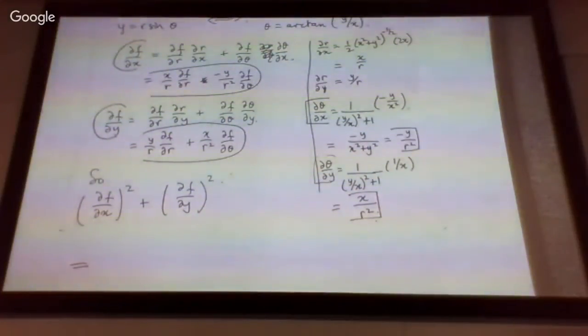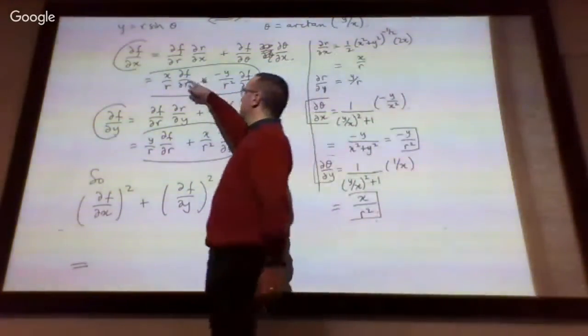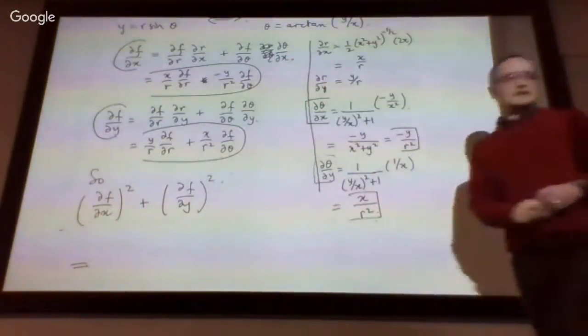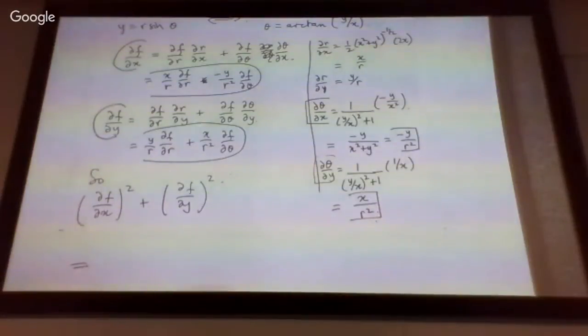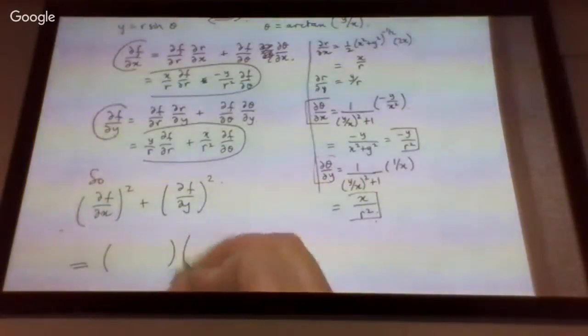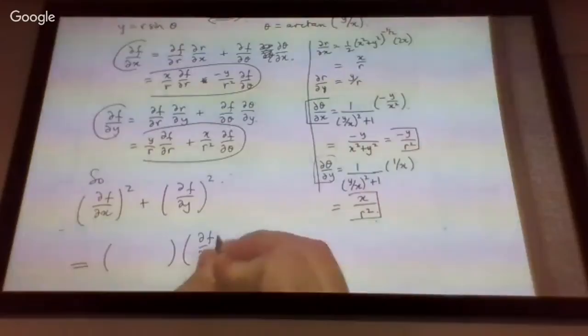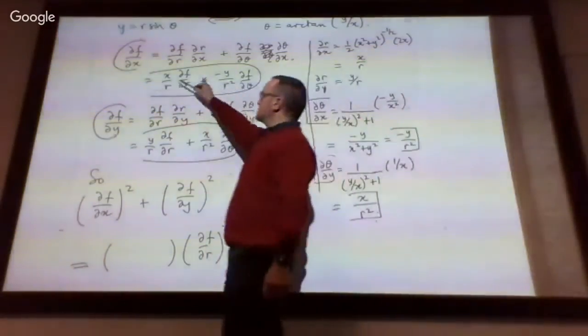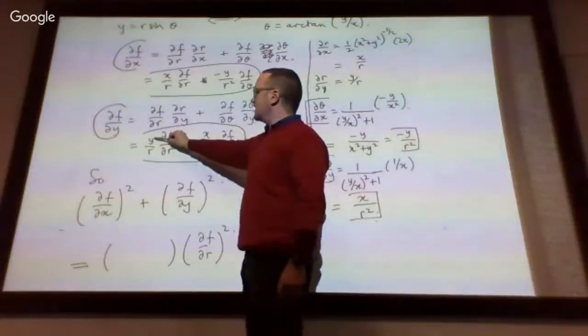Let's look at what we got. Well, we're going to have some squares of the derivative df dr. And what coefficient does that have? Well, I've got x squared over r squared plus y squared over r squared.